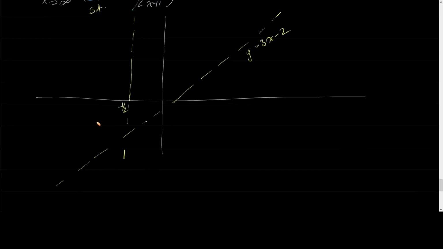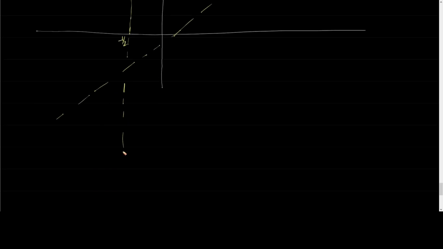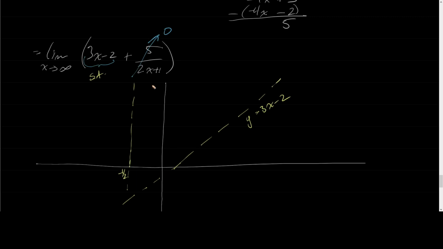And our function looks like this. This piece down here just goes like that. But this piece over here looks like this, something like that, where we have an open circle here, and it's not filled in at all.